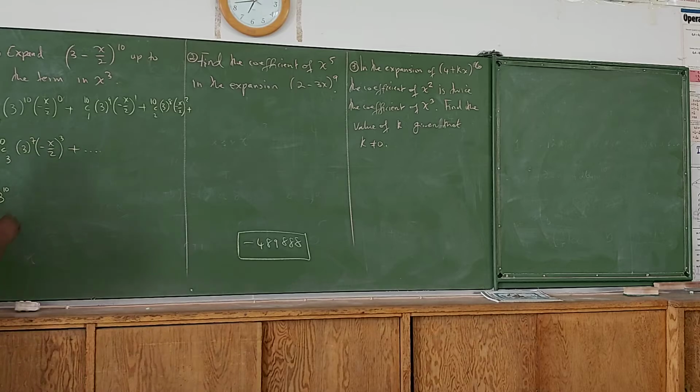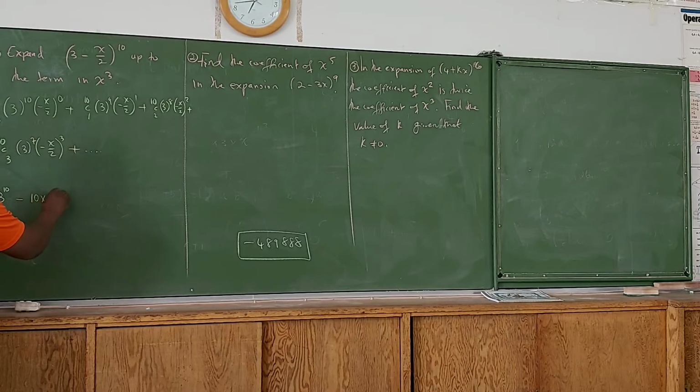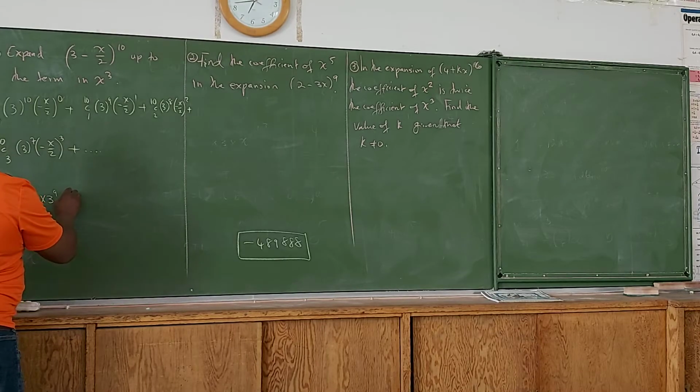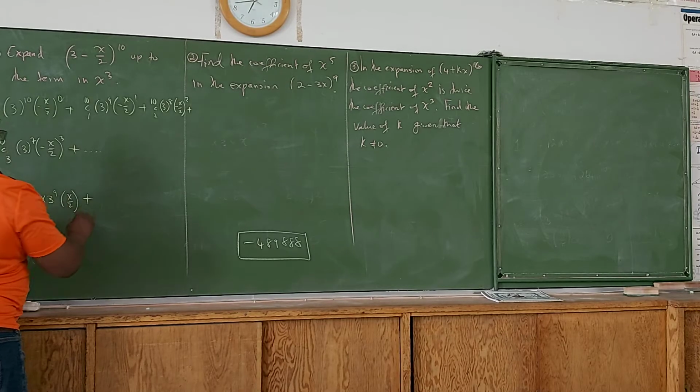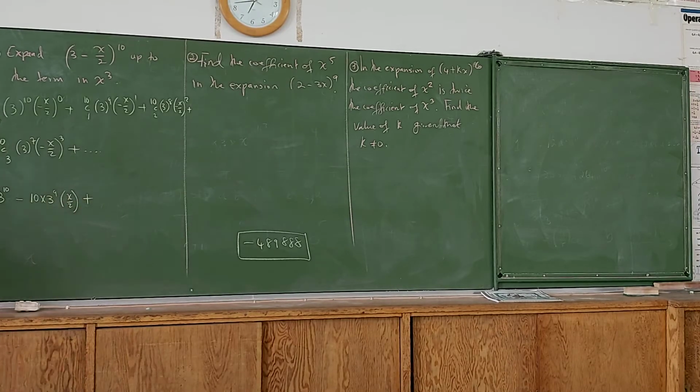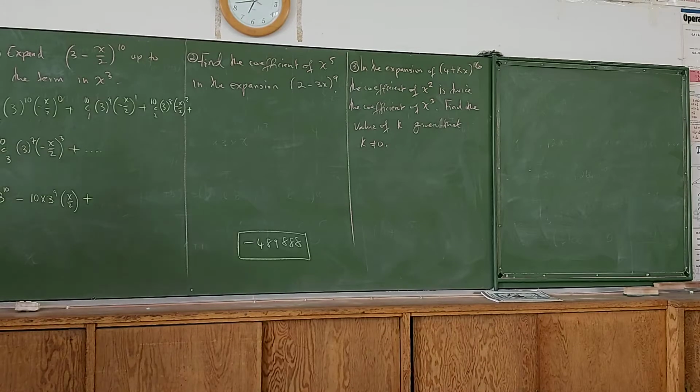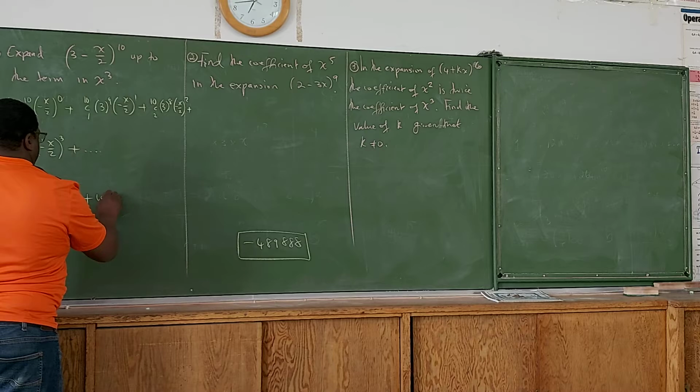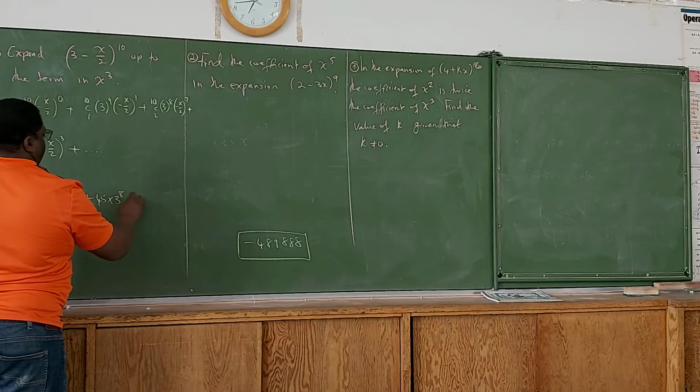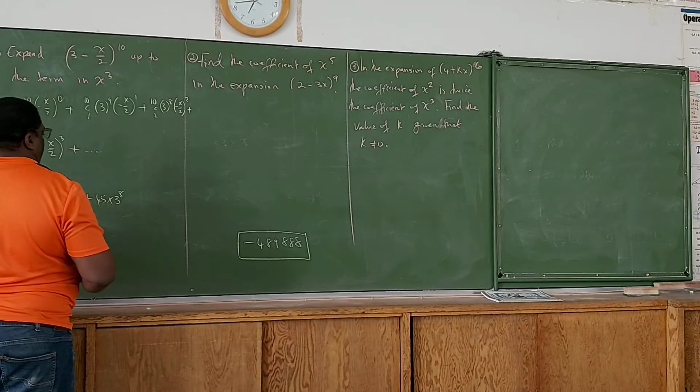Okay, so minus 10 times 3 raised to the power of 9, times x over 2, plus what is 10C2? 45 times 3 raised to the power of 8.